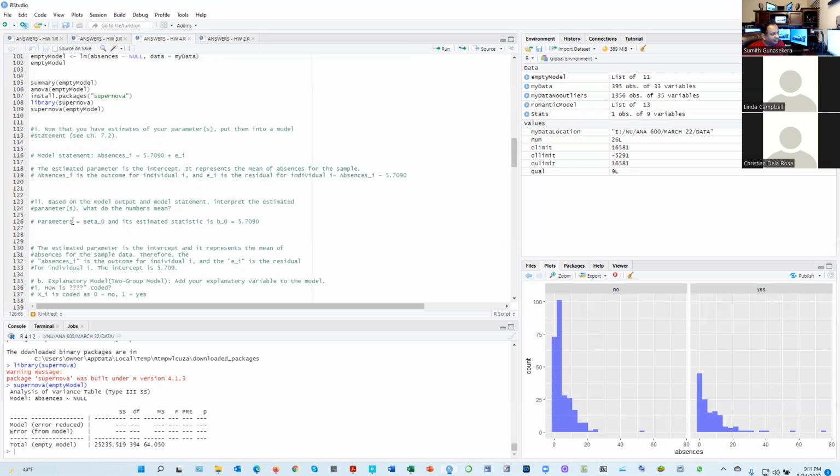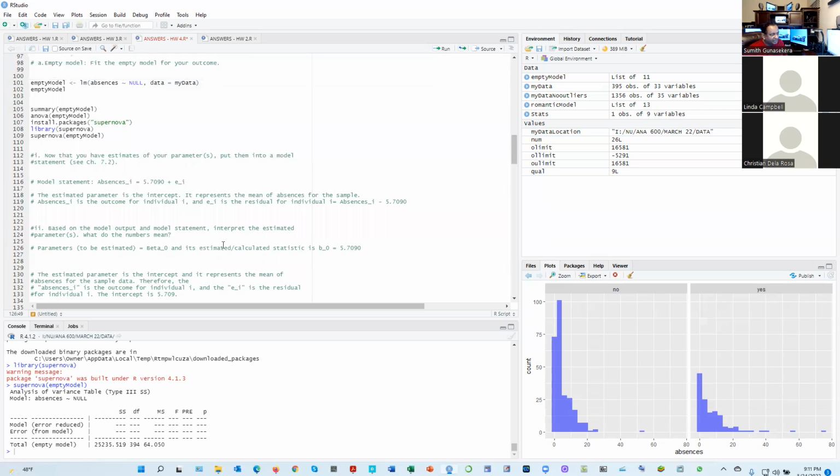Can parameters be calculated? Is this estimated or calculated? Parameters are to be estimated. Statistics should be calculated or computed.